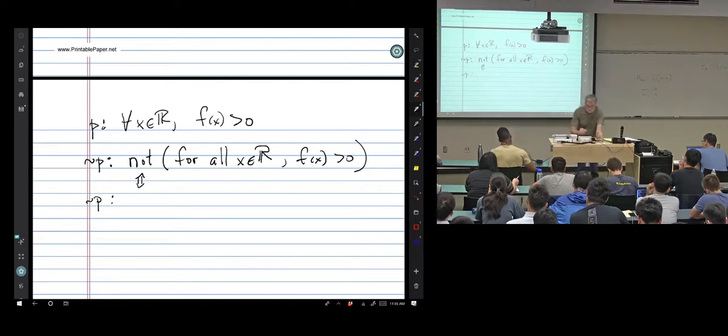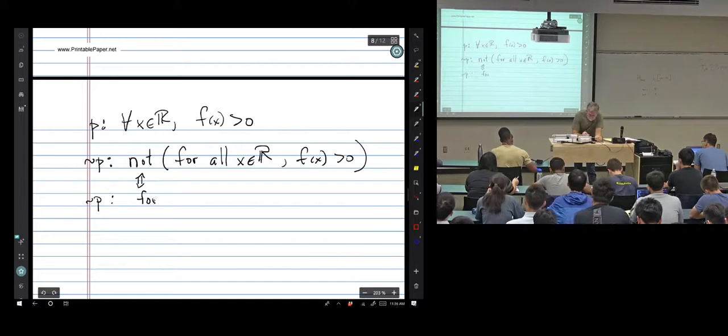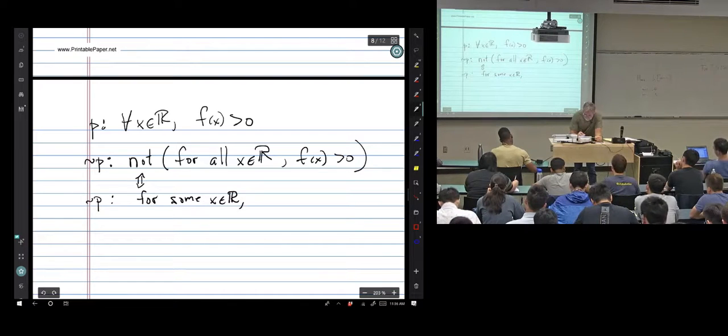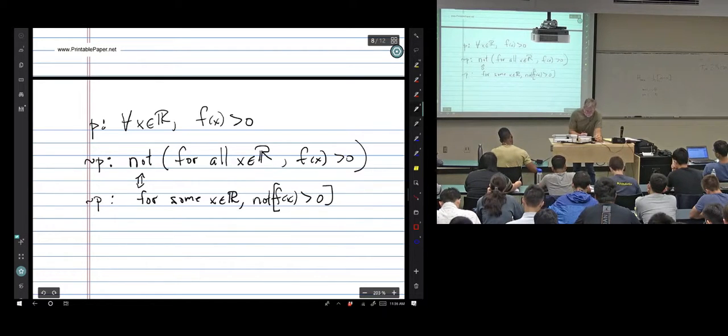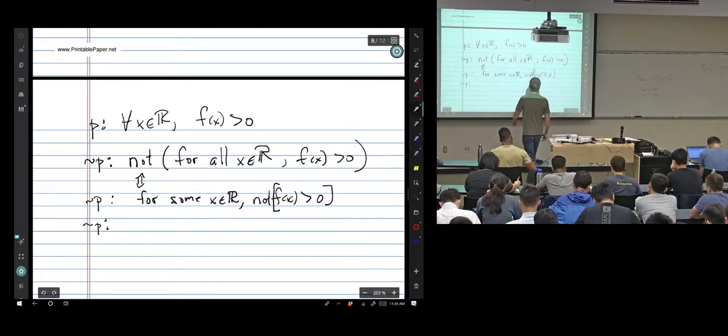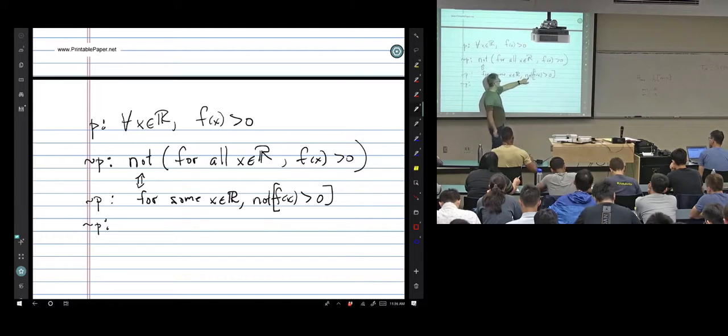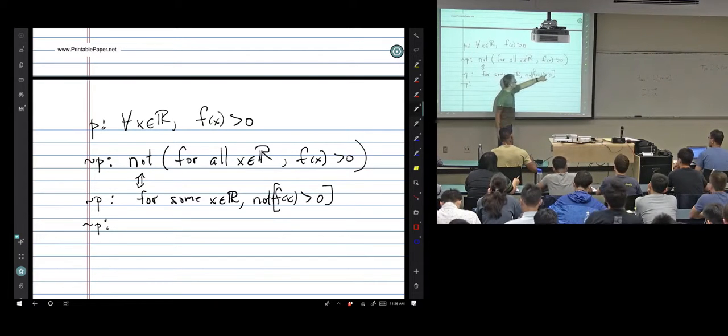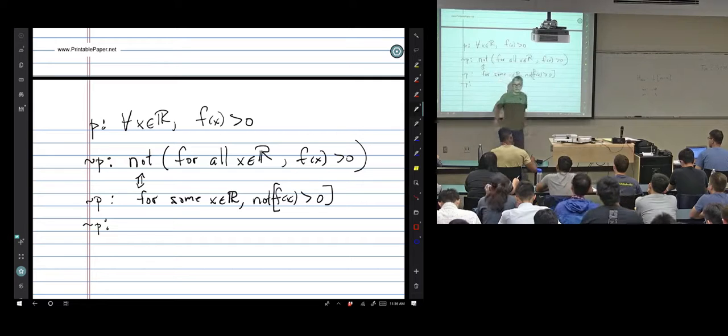Okay? So then not f of x bigger than 0. Now, if you immediately replace this with f of x less than or equal to 0 instead of saying not, that's like not writing down every little step on doing the addition or multiplication of 2 numbers, okay?